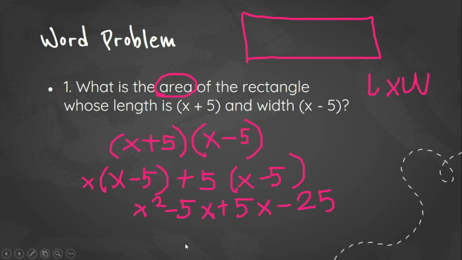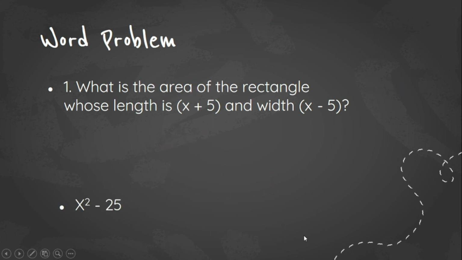Wala naman siyang similar term. Similar sa negative 5x, it's a positive 5x. So negative 5x plus 5x, different signs, addition, so cancel na yan. Minus 25. Bakit cancel? Kasi negative 5 plus 5, that is 0. Tama? So x squared minus 25. Okay, that is our final answer.